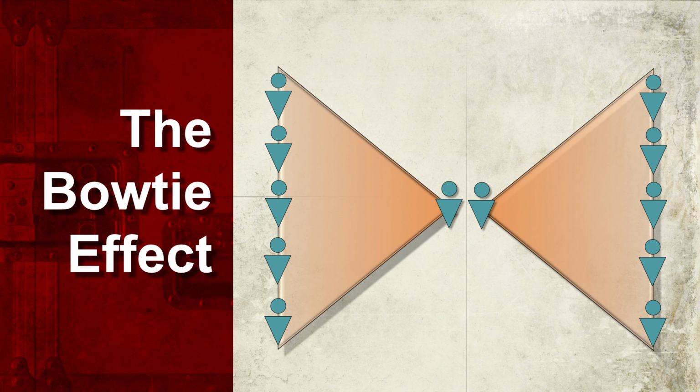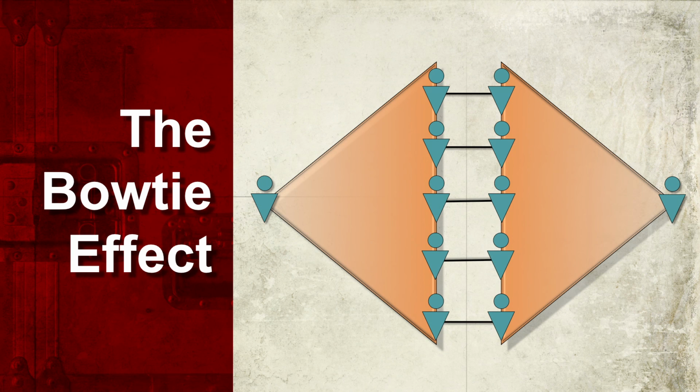If I take the two triangles of the bow tie and I pull them apart and I bring them back together again, what I end up with is all the people within the two organizations that need to communicate with each other are actually connected. They actually get introduced. You believe, and many of us believe, that we sell relationships. The bow tie effect is an anti-relationship selling premise.